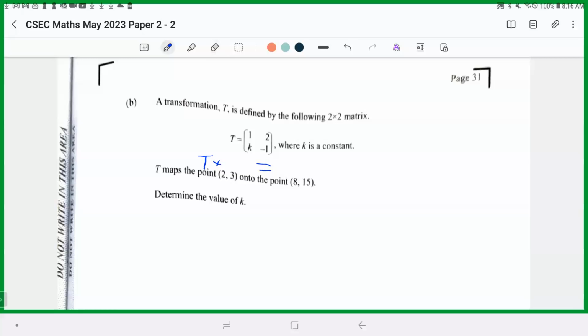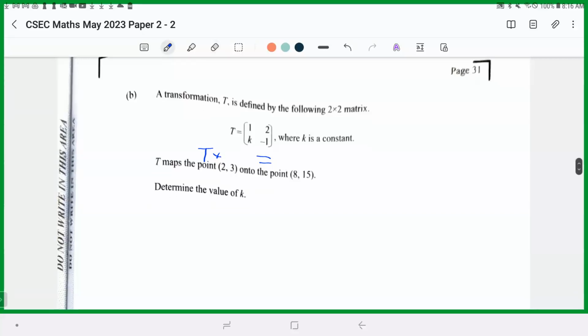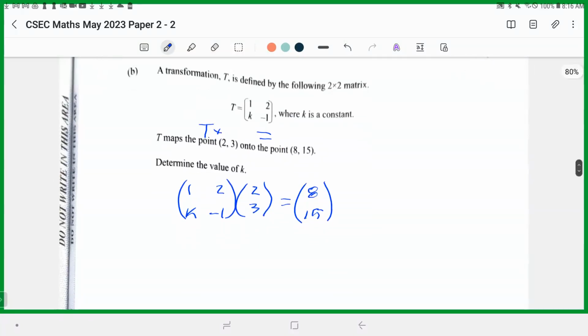So when I do the setup, it becomes an equality of matrices question. It's the matrix 1, 2, k, negative 1 times the matrix for this point, 2, 3, is equal to the matrix for this point, 8, 15.